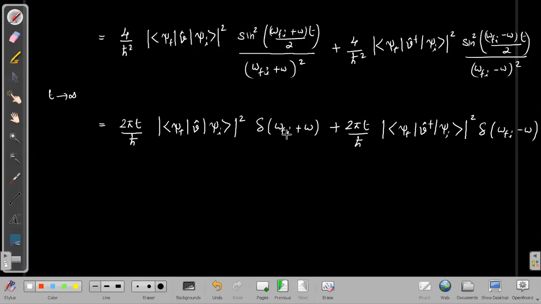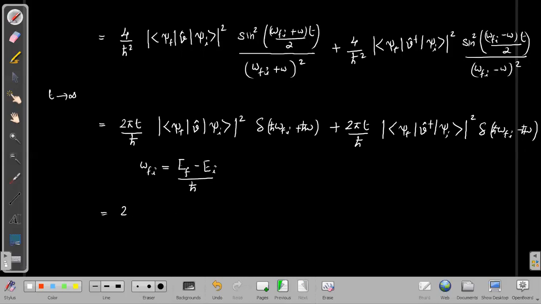Now what was ω_fi? ω_fi is basically called the transition frequency. It is (E_f − E_i) by h cross. Okay, so there should be an h cross here, sorry, in both terms.